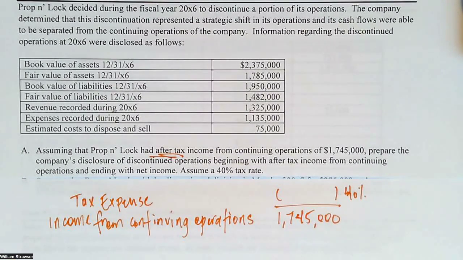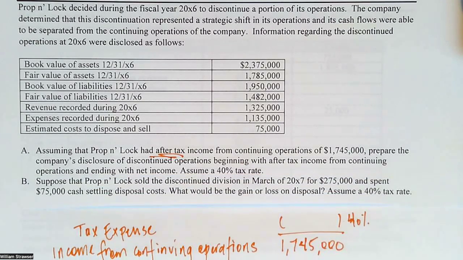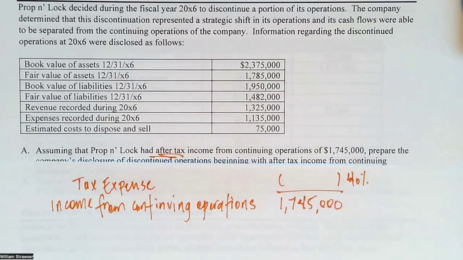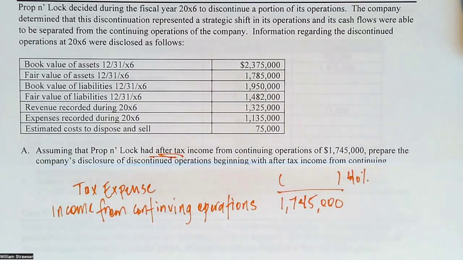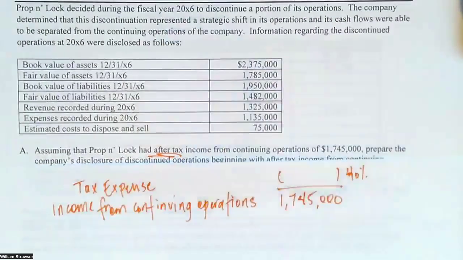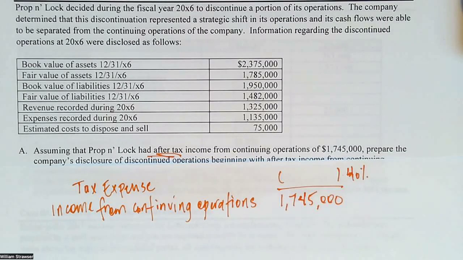And remember that the first thing we've got to understand is if they were unable to sell the discontinued division, right? We decided to discontinue in 20X6, but we could not actually find a buyer. We couldn't get the deal settled during 20X6. Well, in that case, we have to check for impairment.